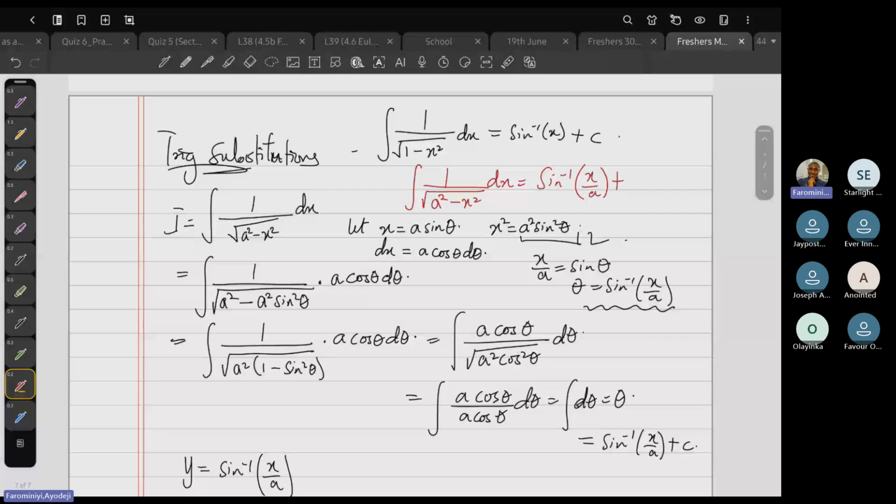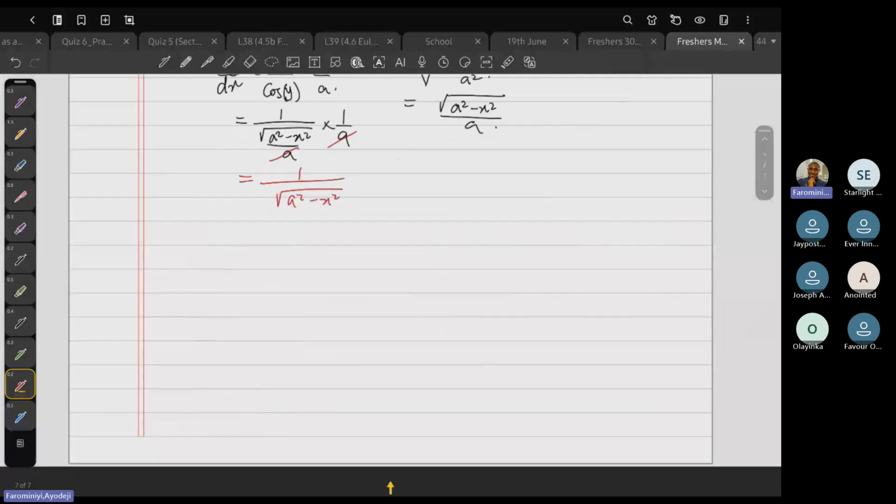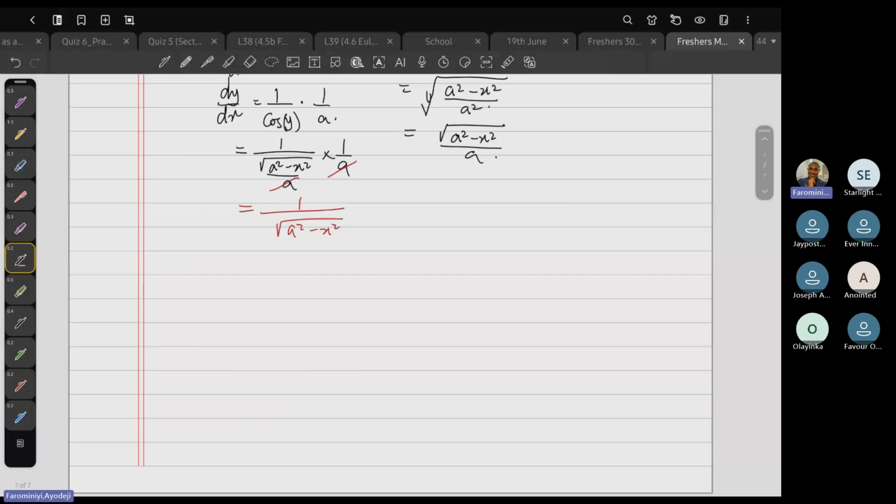I think something is missing. So let me just do it once and for all. We are already wasting time. 1 over a squared plus x squared. So how do we do this? We say, let x be equal to a tan theta.